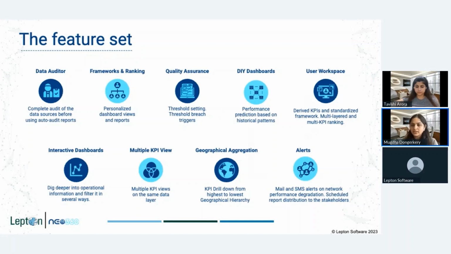Now how will you create this? It gives you a completely flexible approach, wherein you can select the KPI, you can give a weightage, and you can come up with an index. It's very simple to use, very user friendly. You can use this for vendor benchmarking, for distributor benchmarking, and for your overall network health, right?